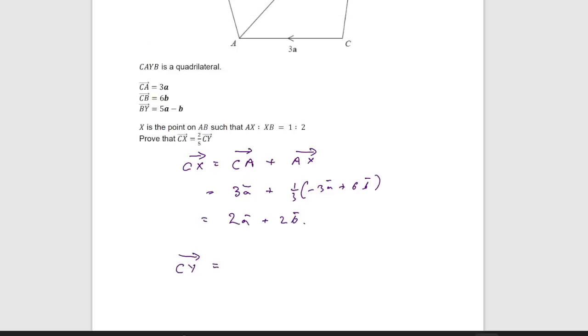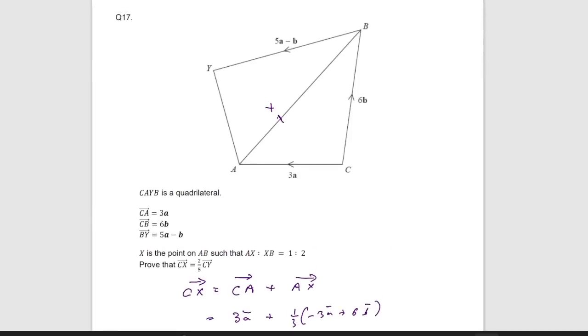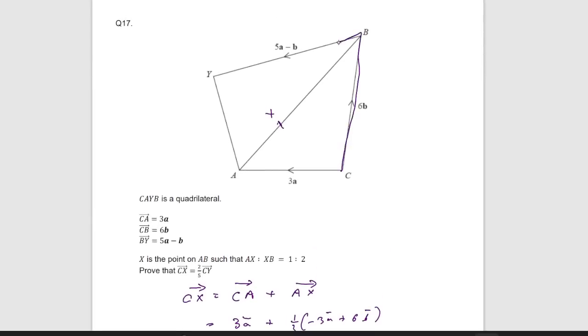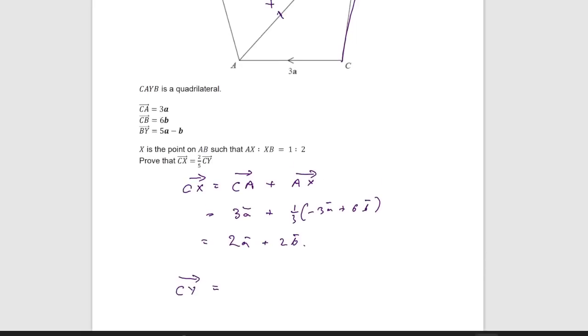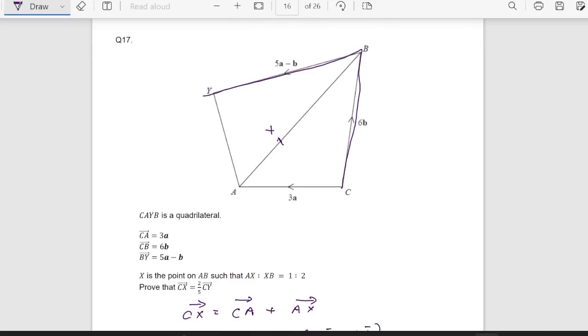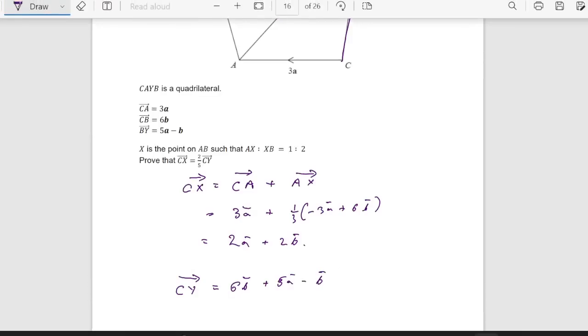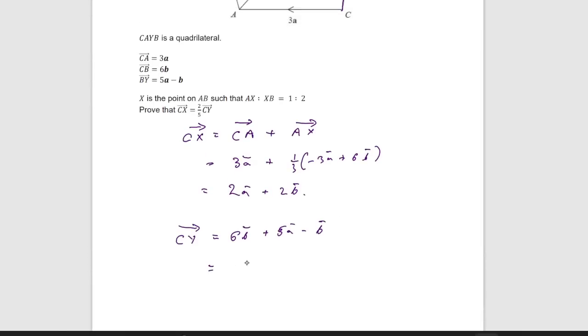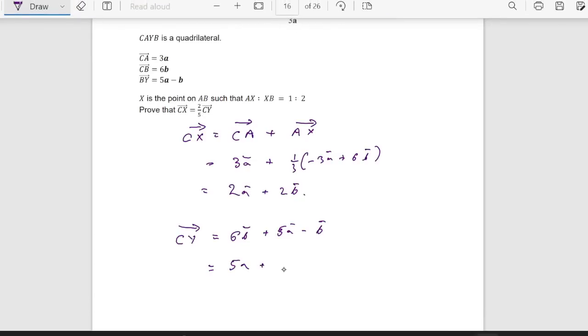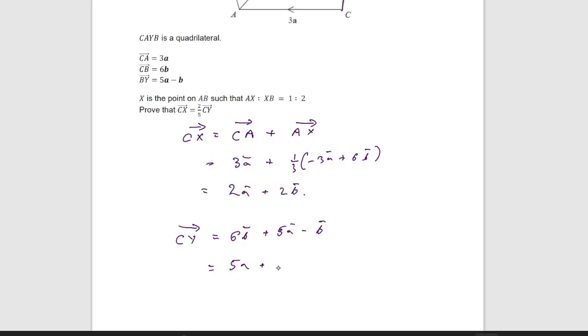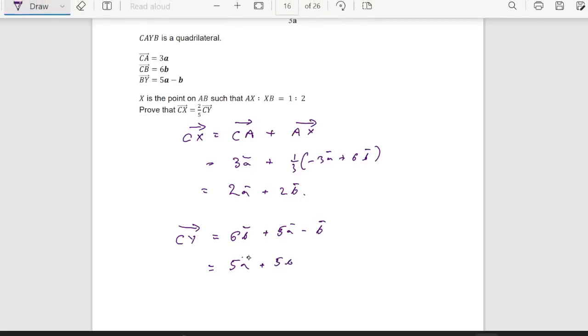So C to Y, I'm going to go this route, C to Y. So that's going to be 6B plus 5A minus B. So that's going to be 5A plus 5B. Okay, interesting phrasing on this question then.